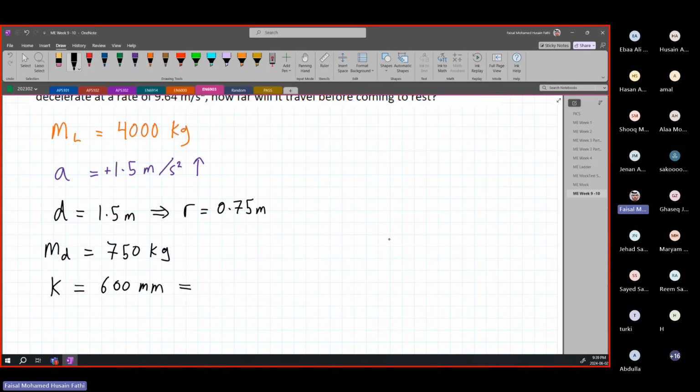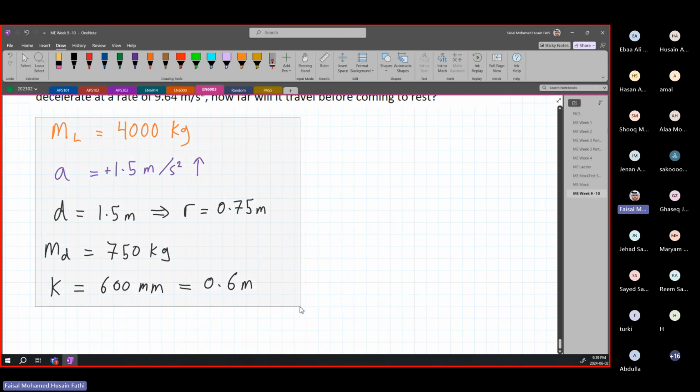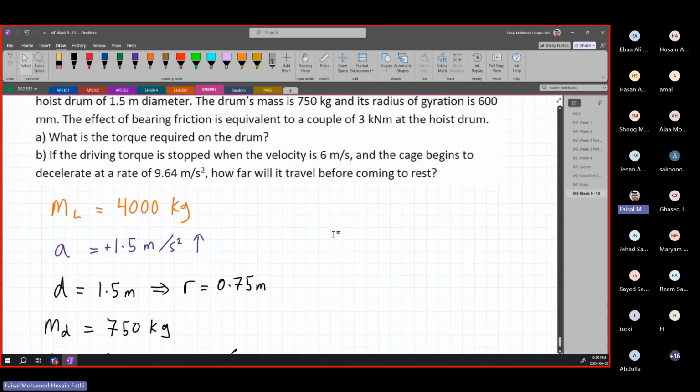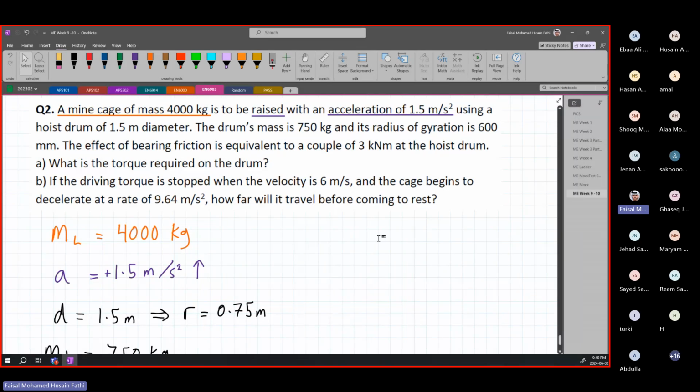Again, instantly you are going to be converting this into meters by dividing by 1,000 and you will get 0.6 meters. Make sure you're always in your standard units.